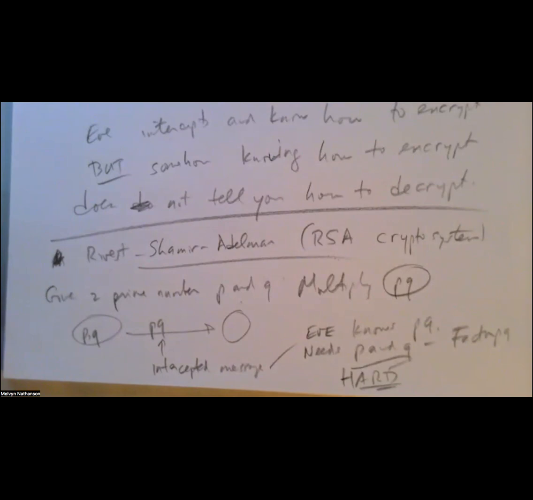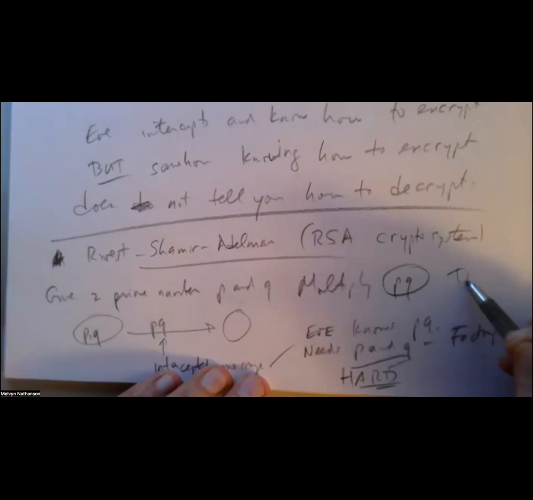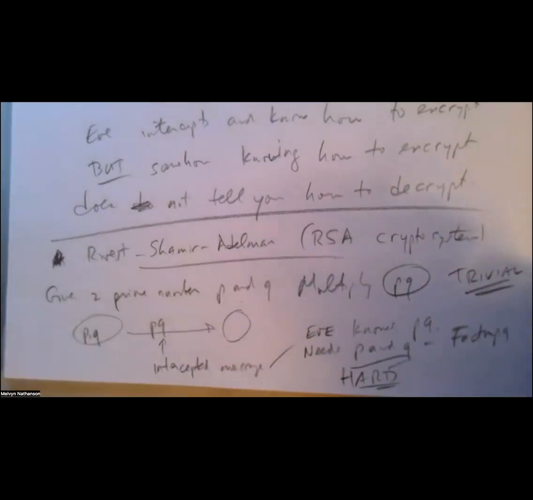So this is really an interesting situation. You have, on the one hand, it's possible, given two primes, to multiply them. That's easy. Multiply PQ. Let's just say that's trivial. Any computer can multiply two big numbers really fast.